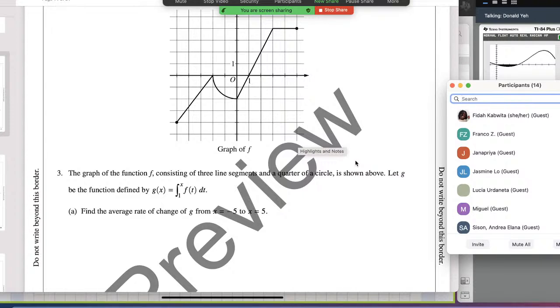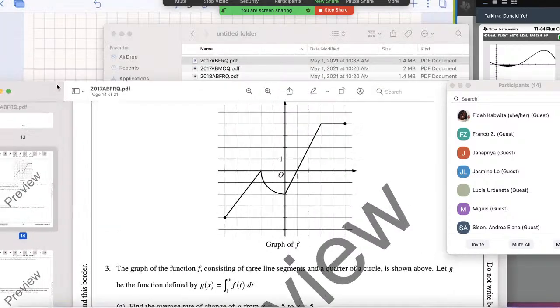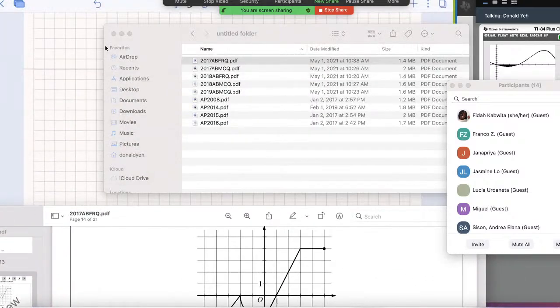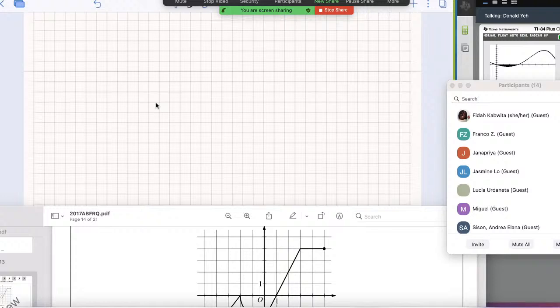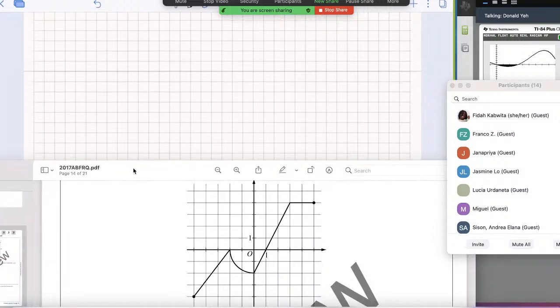So what we're going to do is look at the graph at the same time.